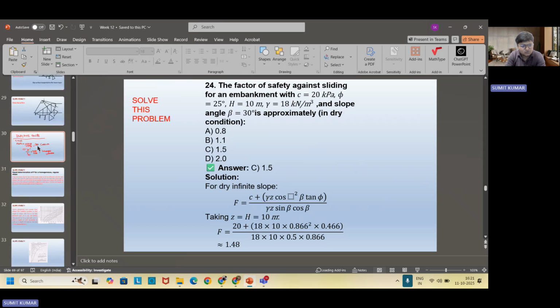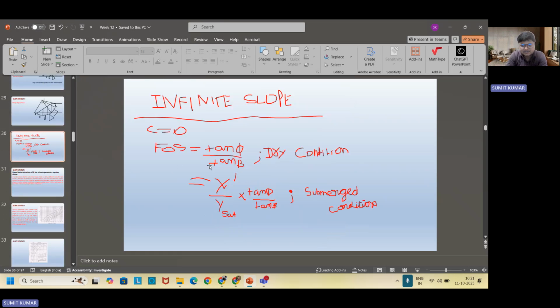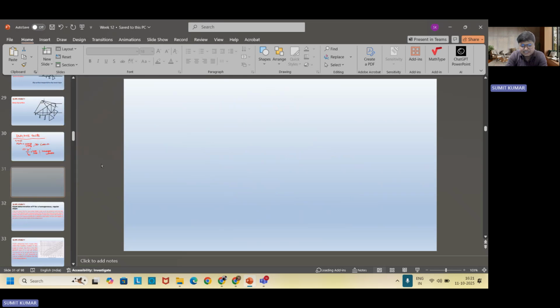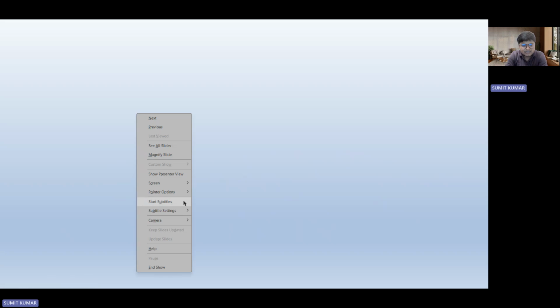Okay, so let me show you some other thing as well with the help of a new slide, in which we discuss the thing like over here you see we have the cohesion and phi, the angle of internal friction. For that, we need to calculate the factor of safety for the cohesive soil.